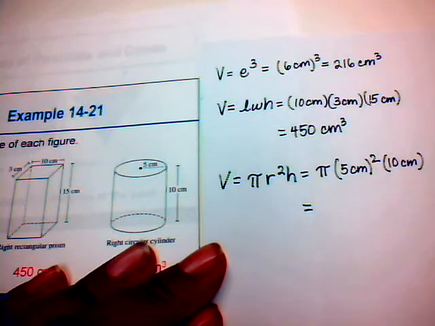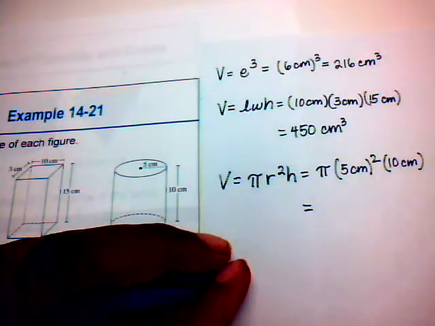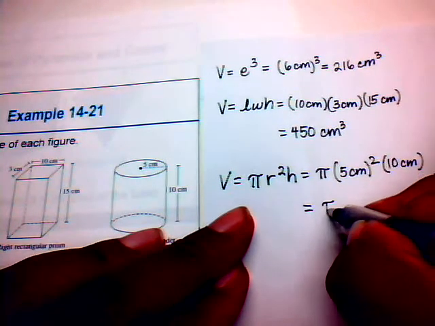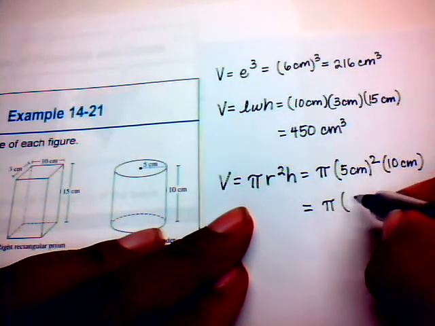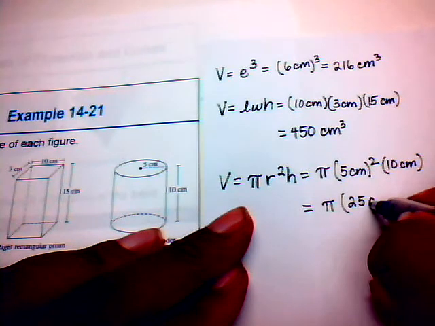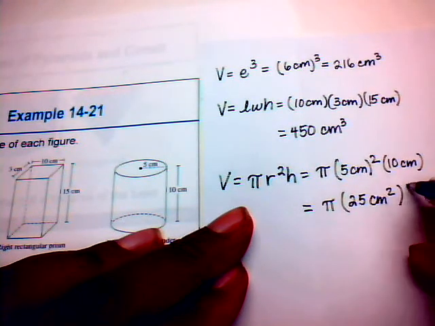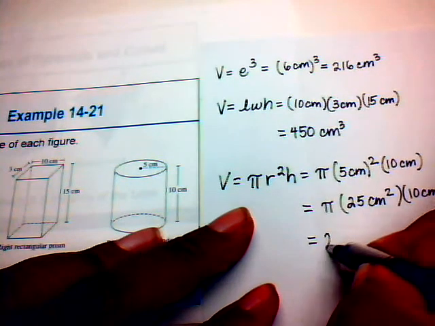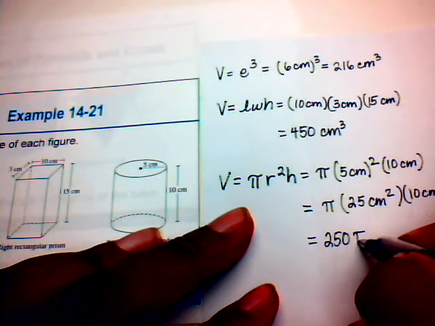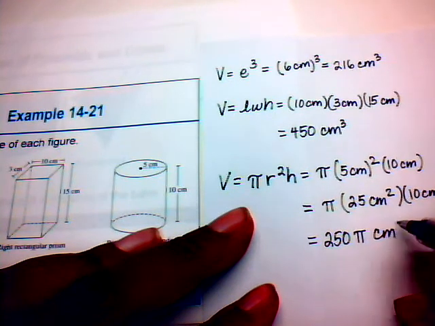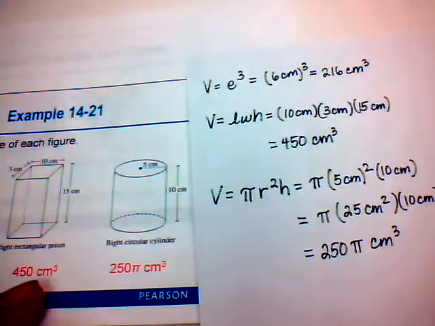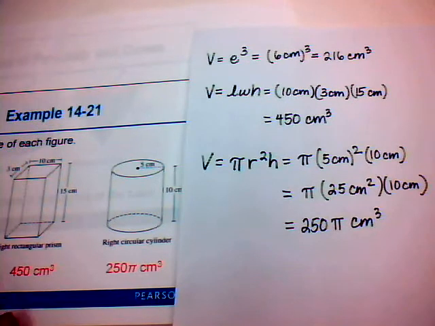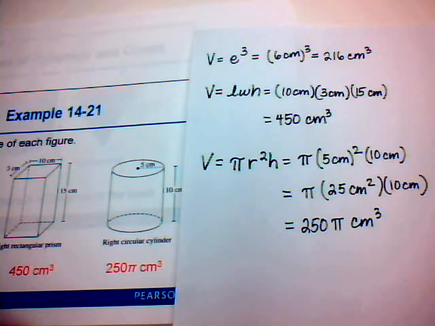And here we're going to leave this answer in terms of pi. So here we bring down the pi. 5 centimeters, and we square it is 25 square centimeters times 10 centimeters. And then 25 times 10, that's going to give me 250 pi. And this will be in cubic centimeters. So the volume of this right circular cylinder will be 250 pi cubic centimeters.